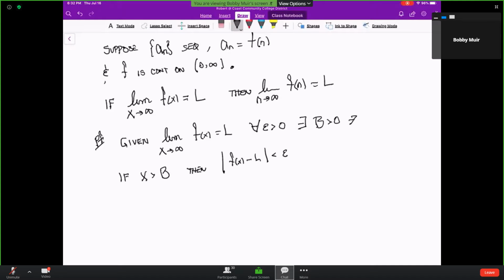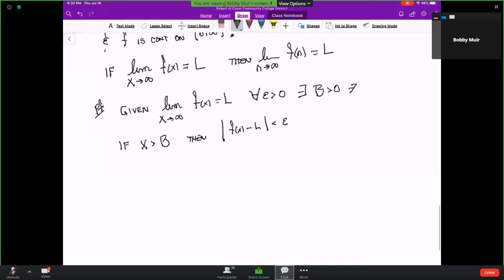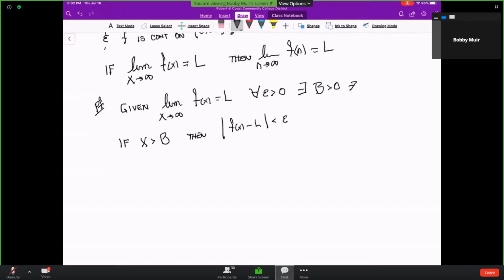Now, we're going to fix this epsilon. So this epsilon is now fixed. This epsilon above.